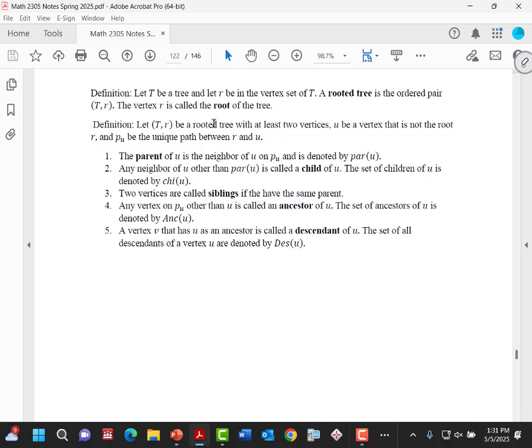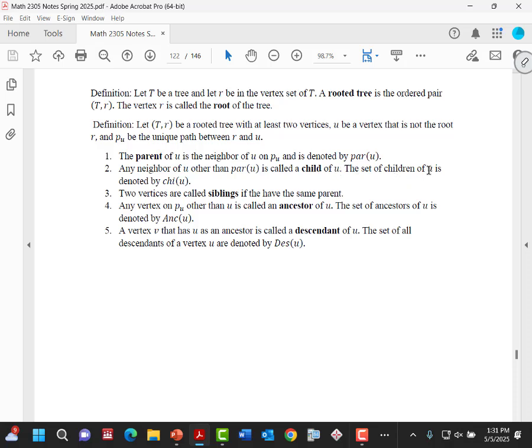Let T, R be a rooted tree with at least 2 vertices, U be a vertex that is not the root R, and P sub U be the unique path between the root R and the vertex U. The parent of U is the neighbor of U on P sub U and is denoted by PAR U. Any neighbor of U other than the parent of U is called a child of U.